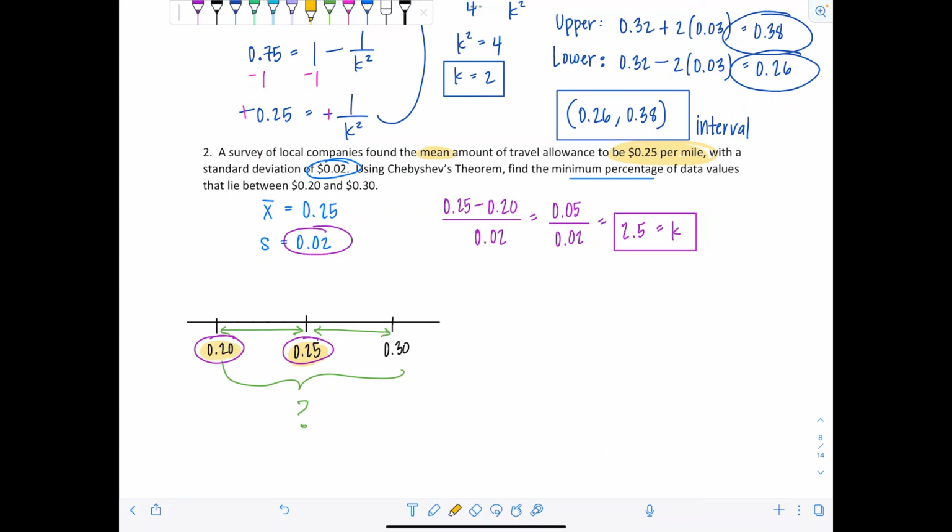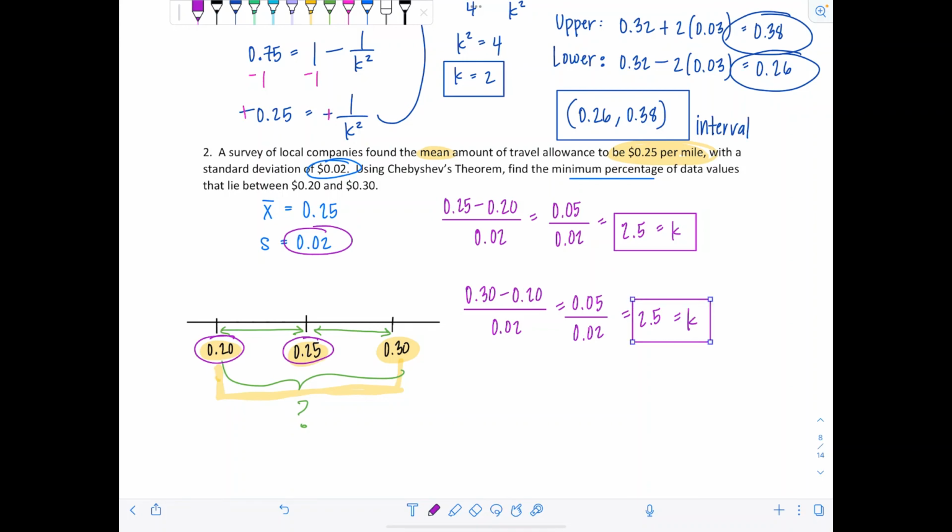And then we could check 0.30. I can already tell it's going to be the same, right? These values are evenly spaced from the mean, but we should double check. So 0.30 minus 0.20, and then divide by 0.02, again 0.05 over 0.02, you get 2.5, which is our K.